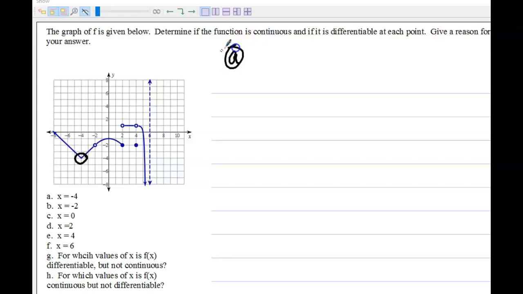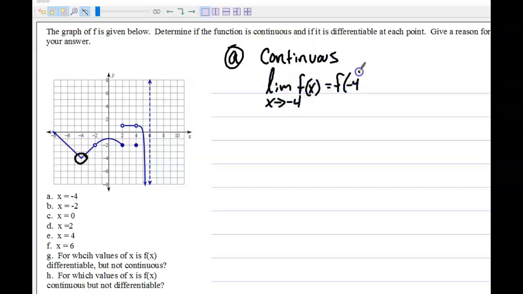So that matters. So on part A, we're going to say it is continuous. And the reason for that is because the limit as x approaches -4 is the same thing as f of -4. Okay, that's how you would express the reasoning for why it's continuous.